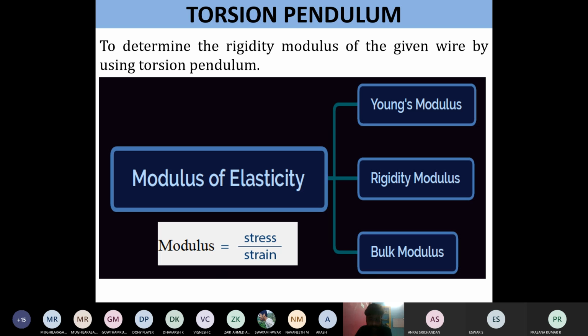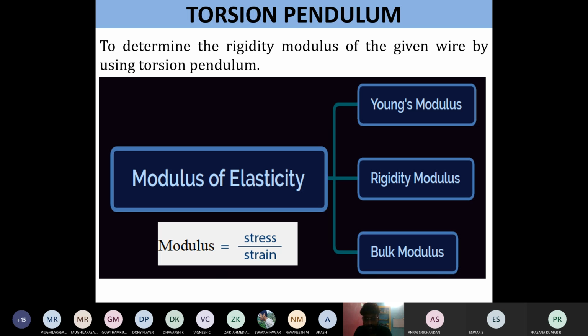For example, consider a rubber band. When you apply outward pressure on the rubber band, we know that the length of the rubber band will expand. When you remove the pressure, the rubber band comes to its original position. It's called elasticity.